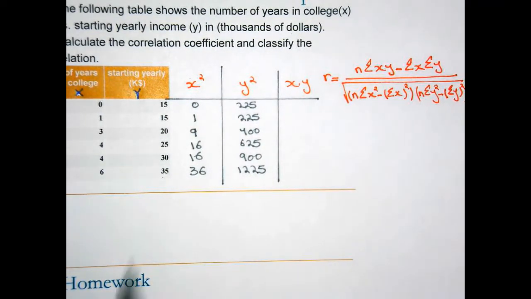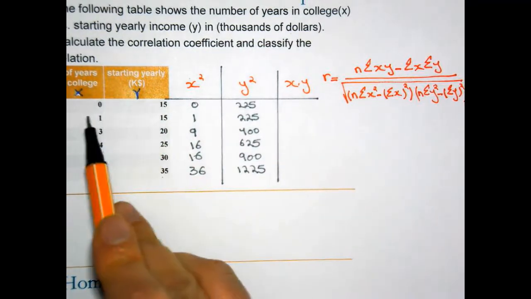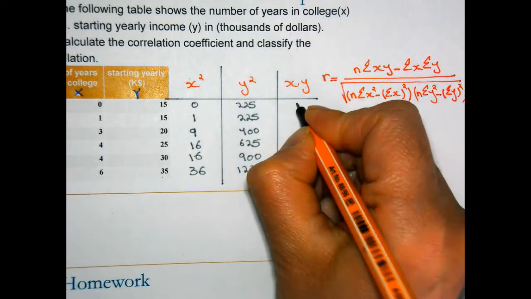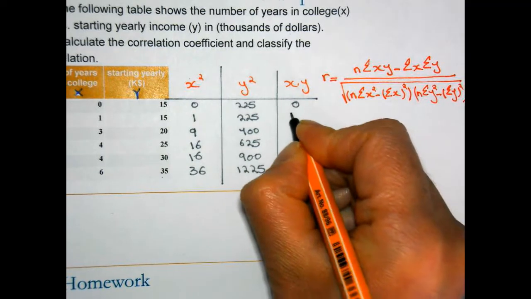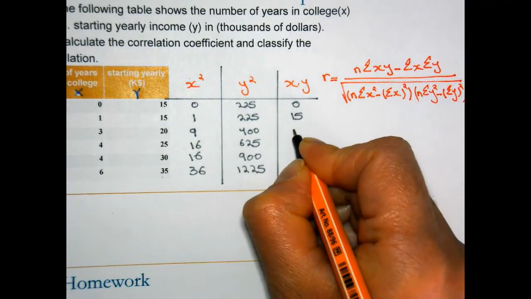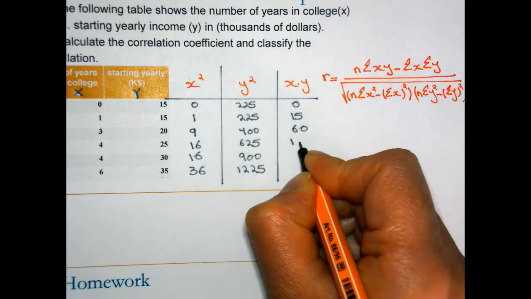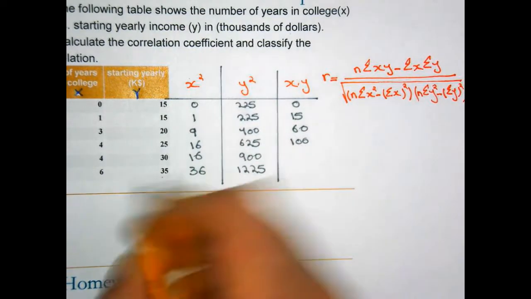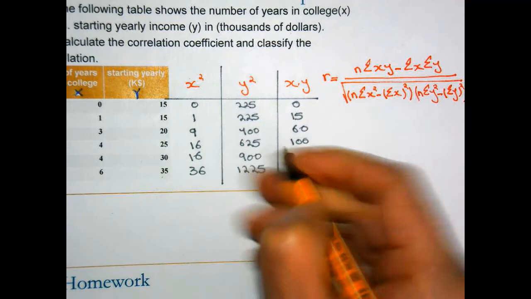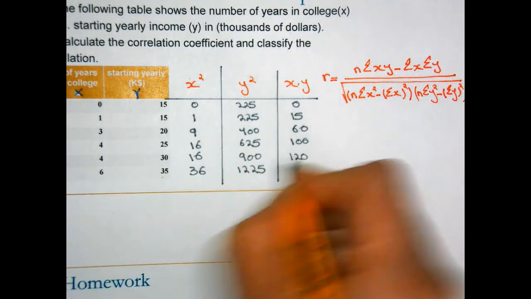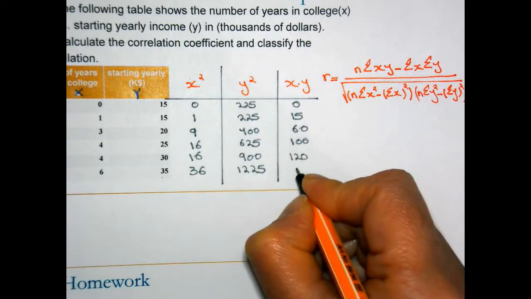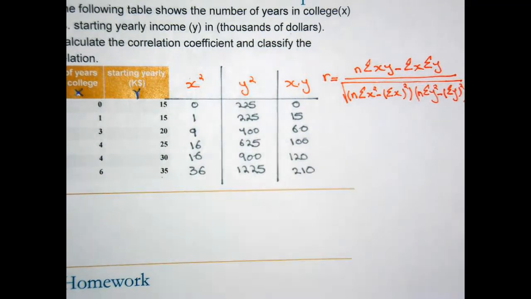Now we need to find x times y. So 0 times 15 is 0, 1 times 15 is 15, 3 times 20 is 60, 4 times 25 is 100, 4 times 30 is 120, and 6 times 35 is 210. Now we need to find the sum of all these numbers.